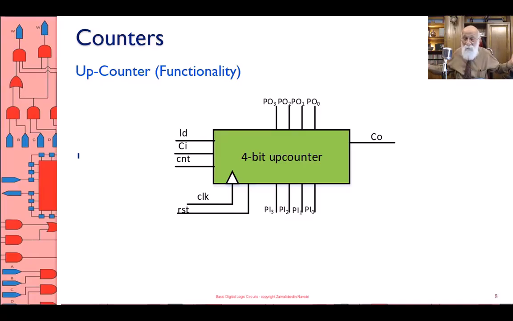If you're not cascading a 4-bit counter, you're happy with the 4-bit counter, keep it as is. Just put a 1 on carry in if you want to enable it all the time, and then just leave the carry out open, but then when the count reaches 1111, that becomes 1. So you have an extra feature in this counter.